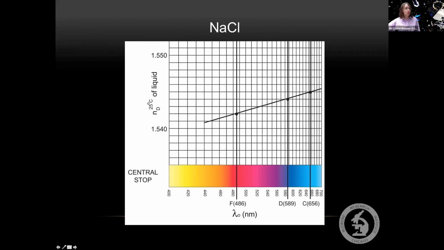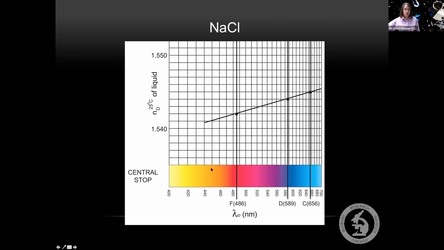So now you know if you need to screen for sodium chloride, if you mounted it up in any of these 3 liquids and looked for the specific color that you had associated with that. So in this case, if you mounted it up in 1.542 refractive index liquid and saw red, you would know that those were your sodium chloride particles.